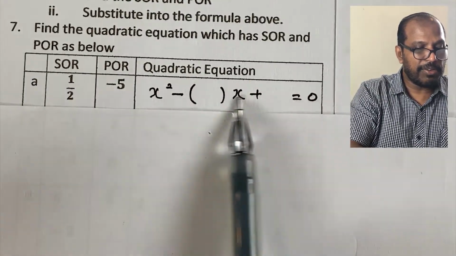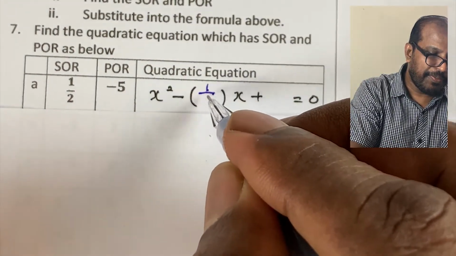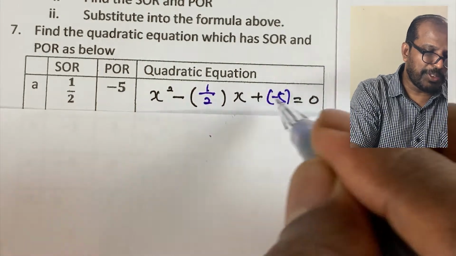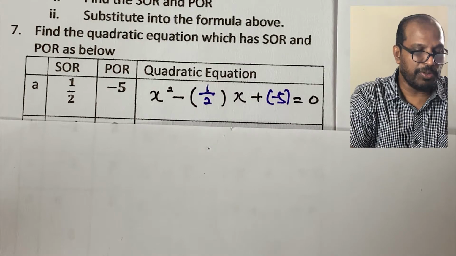So this is a standard equation. What is the sum of the roots? Sum of the roots is 1/2 and product of the roots is negative 5. When you substitute like this, you already have the answer. This is the answer for the new quadratic equation.